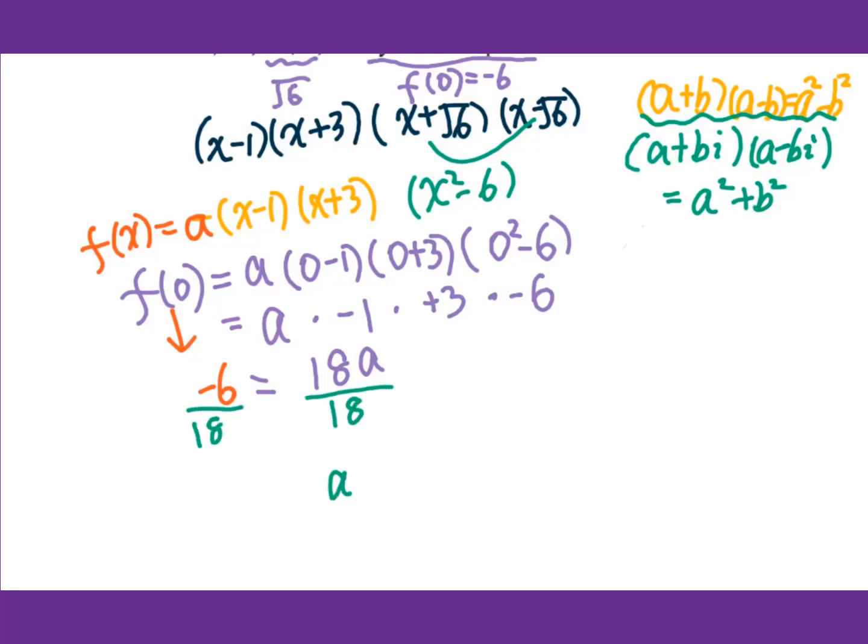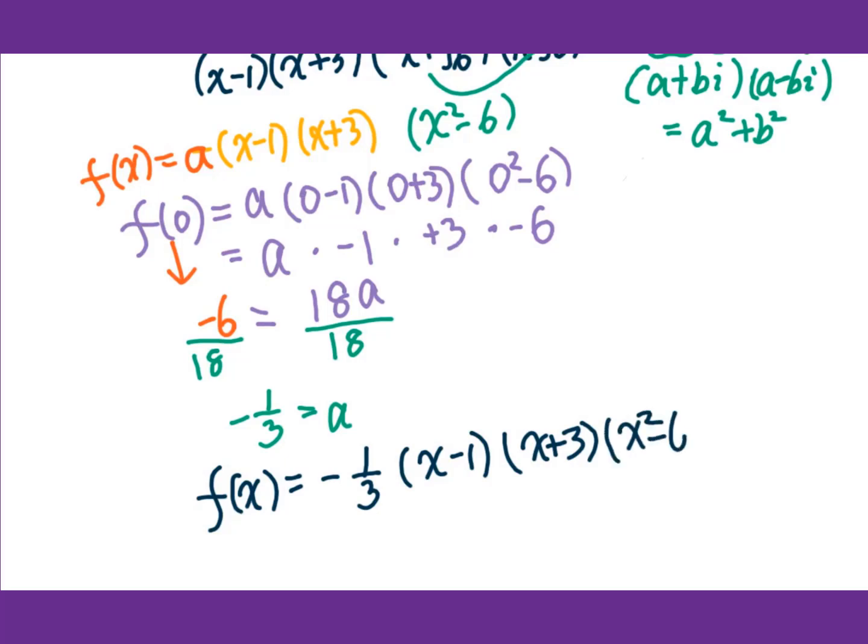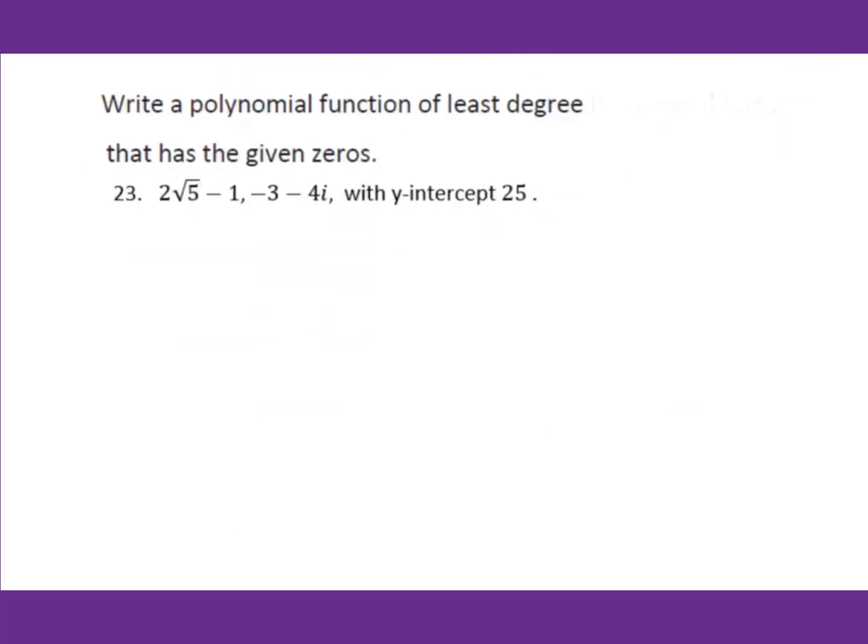You will get a equals negative 1 over 3. Therefore, f of x equals negative 1 over 3, x minus 1, x plus 3, and x squared minus 6.